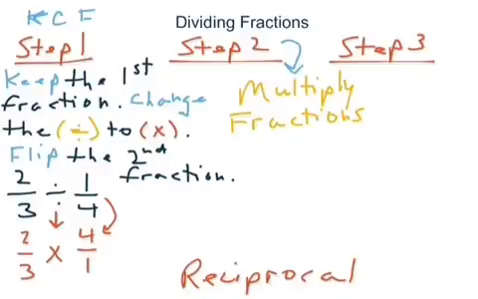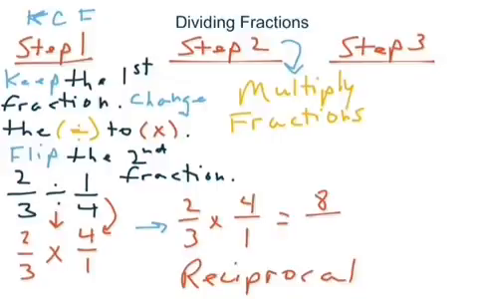As I do it in the example, we have 2/3 times 4/1. When we multiply, remember, we multiply the numerators, we get 8, and then 3 times 1 at the bottom gives me 8/3.